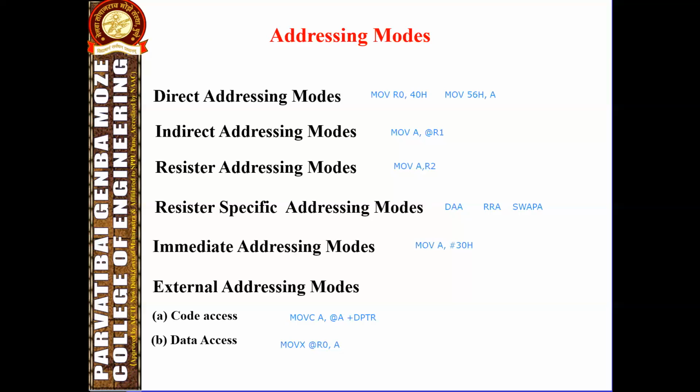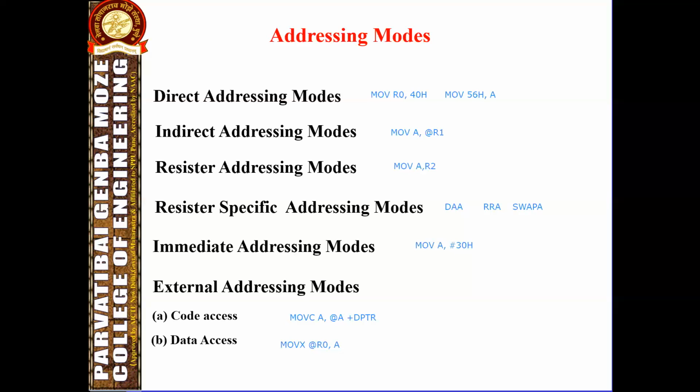What does register specific addressing mode mean? In this addressing mode, the instruction refers to a specific register such as the accumulator or data pointer. Let's see some examples. DA A is decimal adjust accumulator for the addition. RR A means rotate the content of the accumulator to the right.